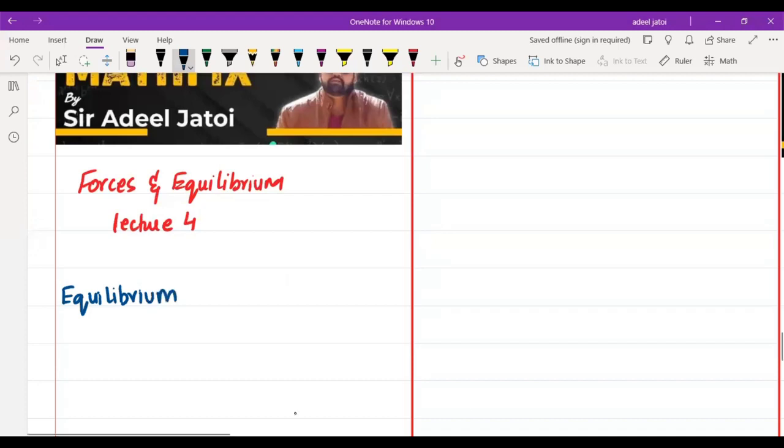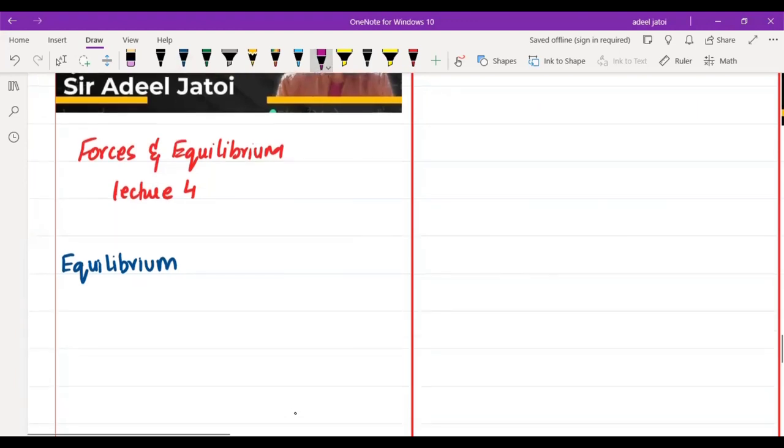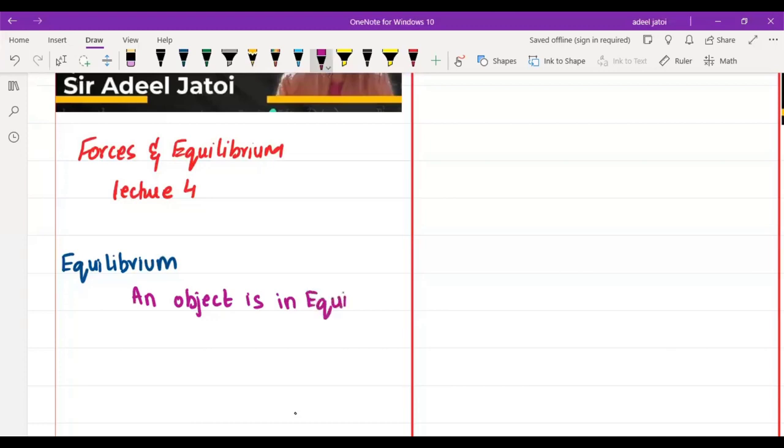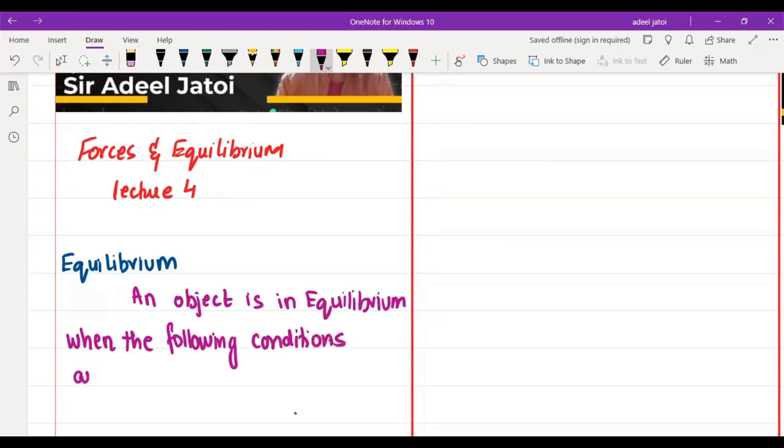What is an equilibrium? An object is in equilibrium when the following conditions are fulfilled.